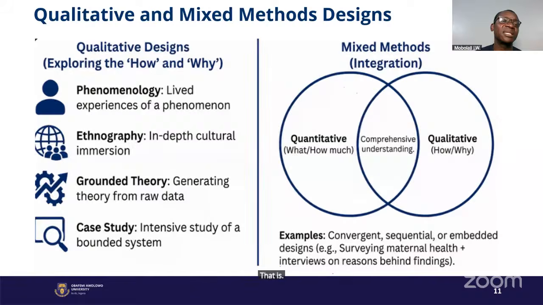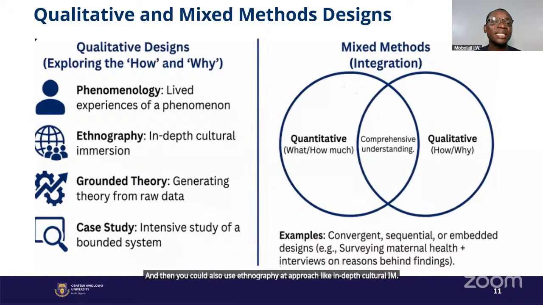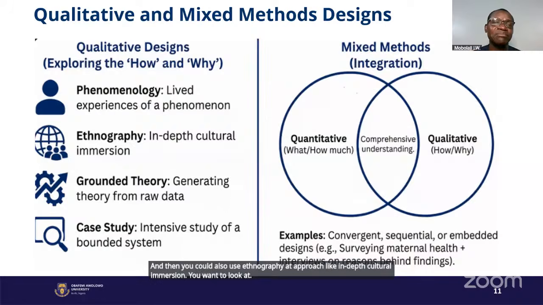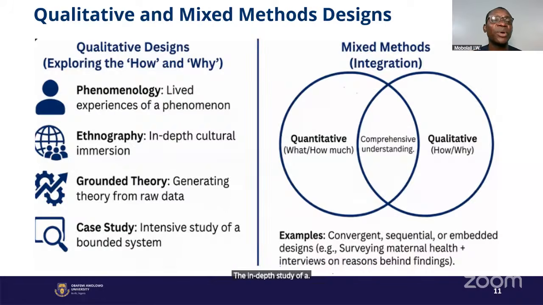That is the one that looks at the lived experience of a phenomenon. And then you could also use an ethnography approach, like in-depth cultural immersion. You want to look at the in-depth study of a cultural setting, or a culture or the behavior of a group of people. I think it's much more applicable in social research. So yes.